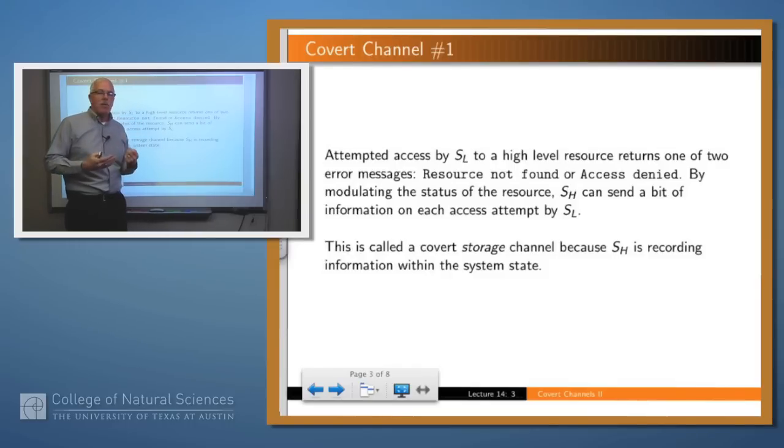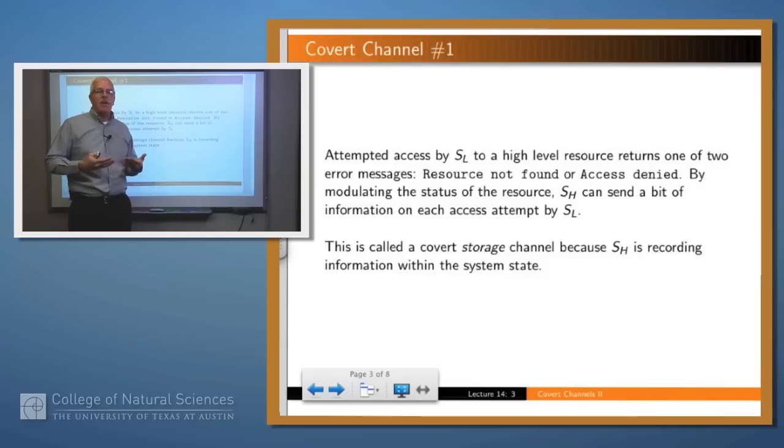If it's possible that the high-level subject can manipulate the status of the resource in such a way that he controls the error message that the lower-level subject sees, he either gets back resource not found or access denied, say, then by doing that, he can send a bit of information through this channel to the low-level subject.